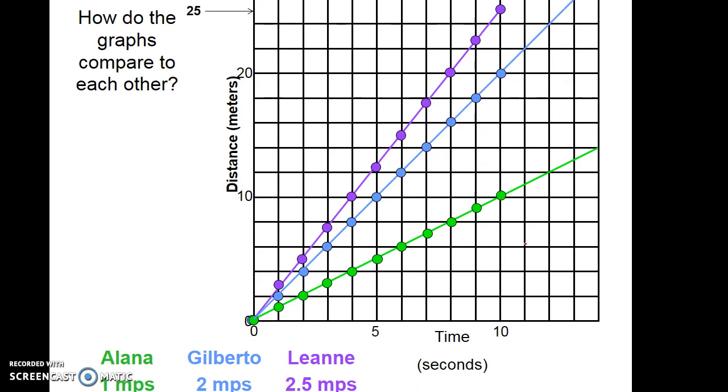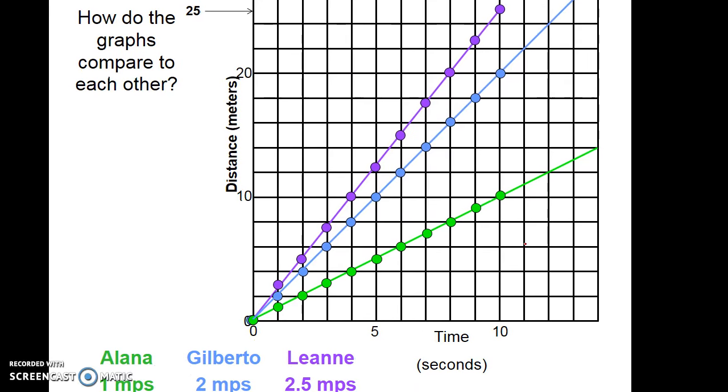So how do the graphs compare to one another? Remembering that Alana's walking rate was 1 meter per second, Gilberto's walking rate was 2 meters per second, and Leanne's 2.5 meters per second. How do they compare? You might want to say that Leanne's graph is higher than Alana's graph, but sometimes we have a hard time putting it into words.